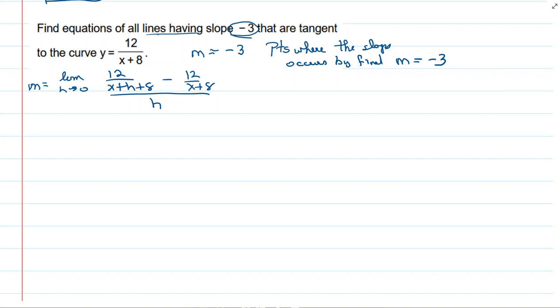Does everybody agree? Okay, we're going to multiply by the LCM, the numerator and denominator. Okay, so our LCM, least common multiple, is going to be x plus h plus 8 times x plus 8. Is everybody comfortable with that?